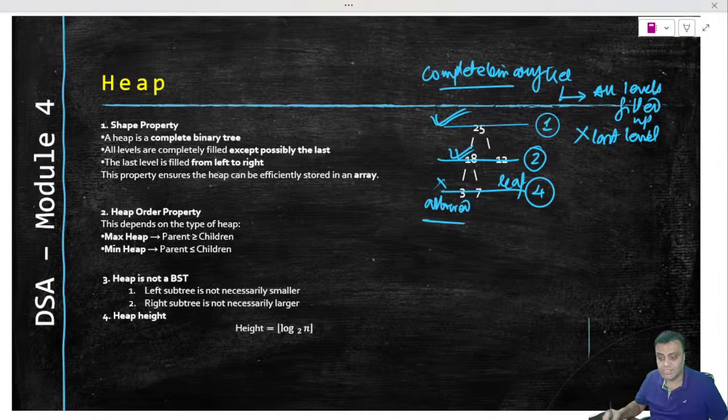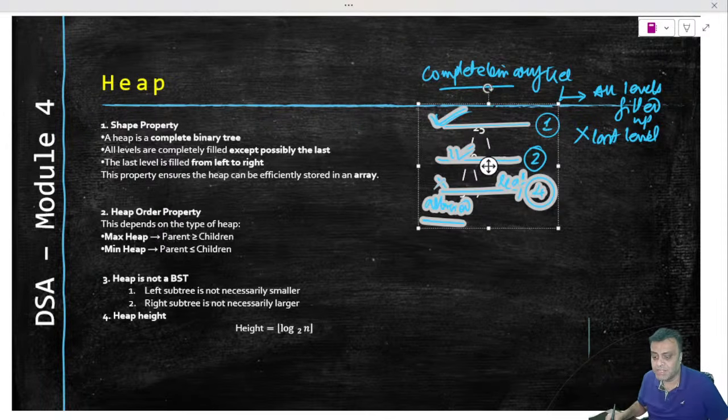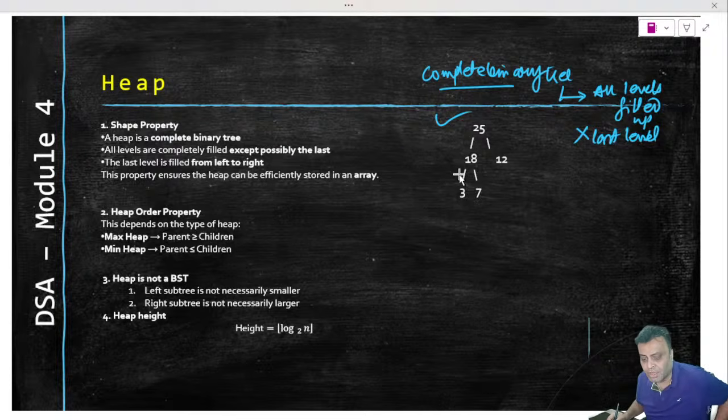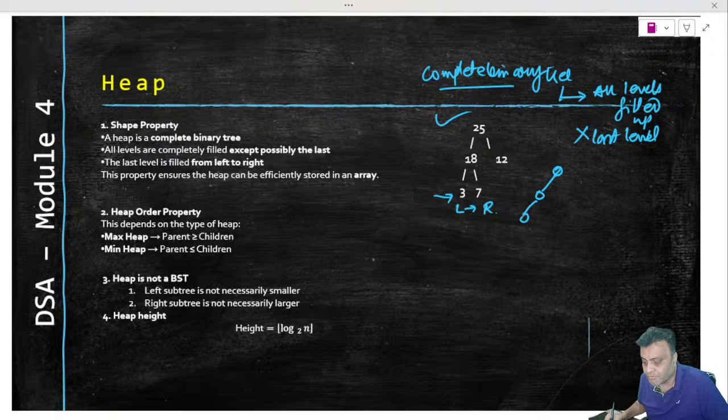So in this case, this is a complete binary tree. One more item that we need to remember is that the level that we are filling up should be filled from left to right in a complete binary tree. So I cannot have something like this. What needed to happen?